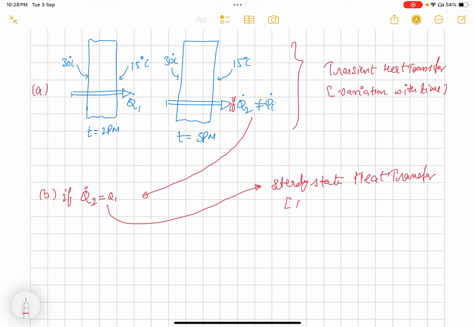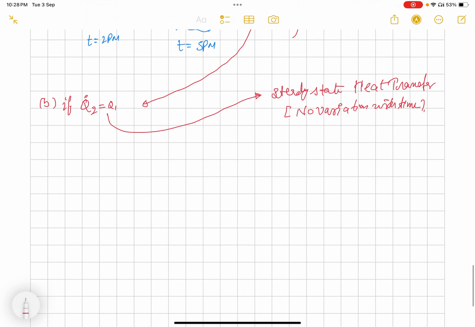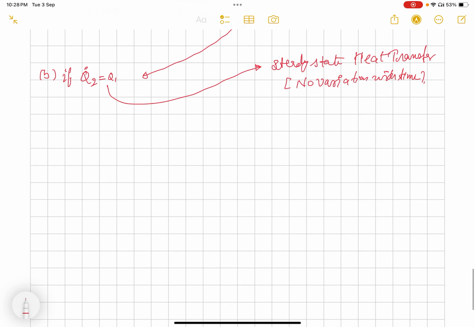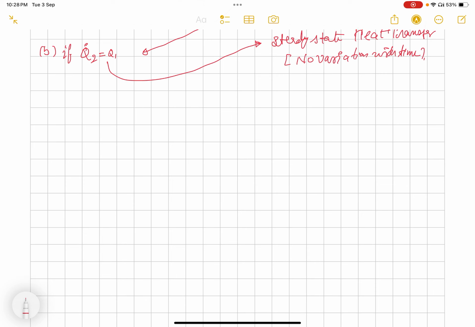Means no variation with time. We can give more examples like cooling of an apple in the refrigerator. So while it is cooling, its temperature is changing with respect to time. So it is transient or unsteady heat transfer process.